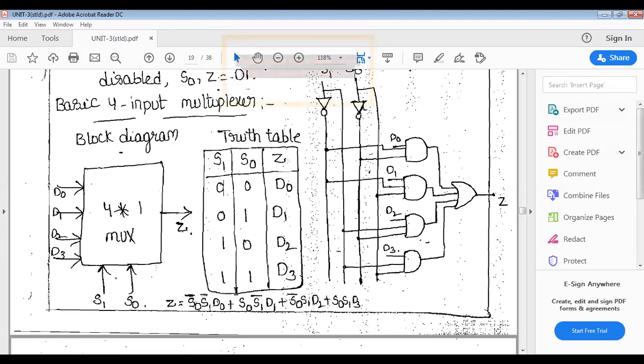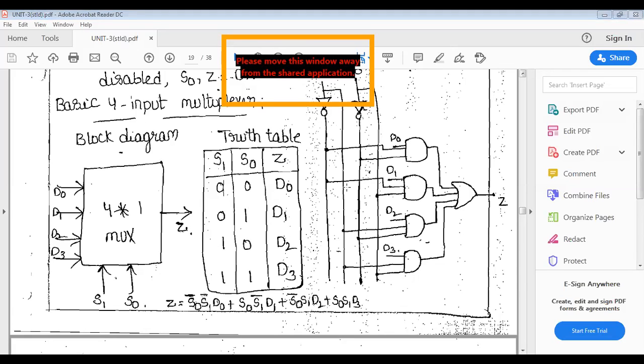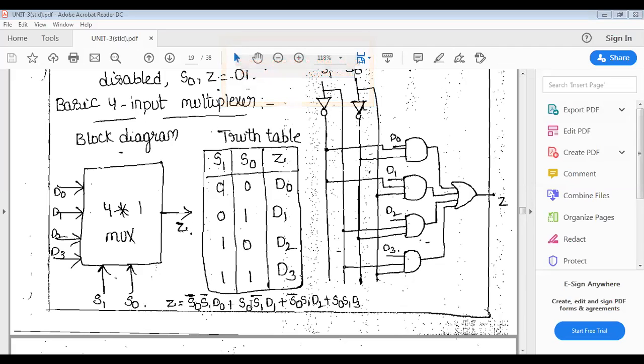Plus the second option, here we'll get the second option. 0 and 1 means S0 is 1. So S0 is the uncomplemented value.